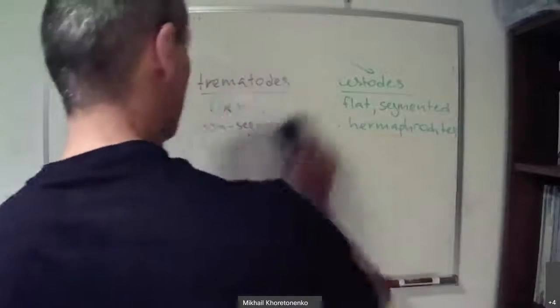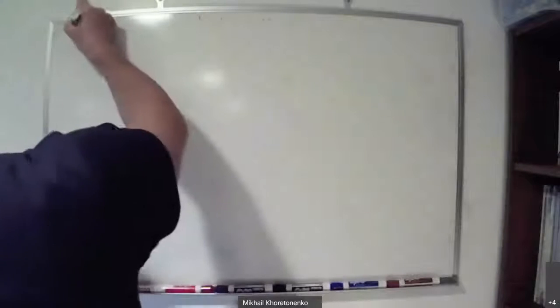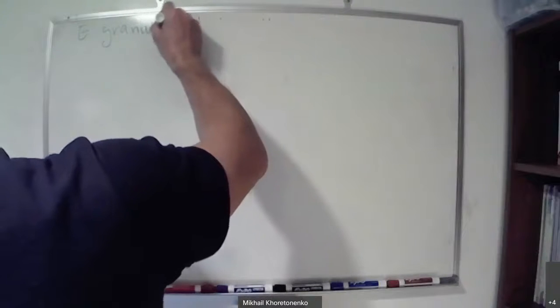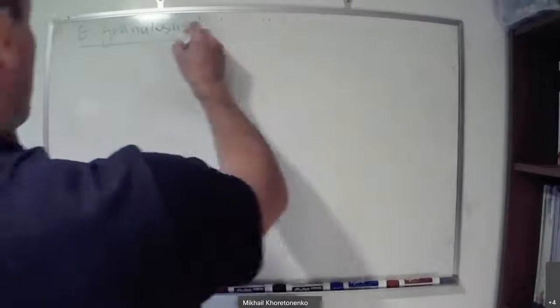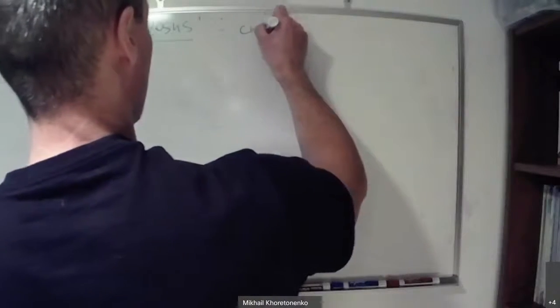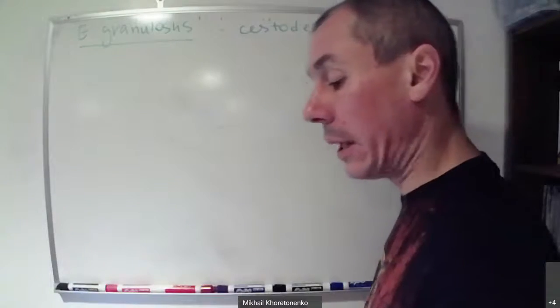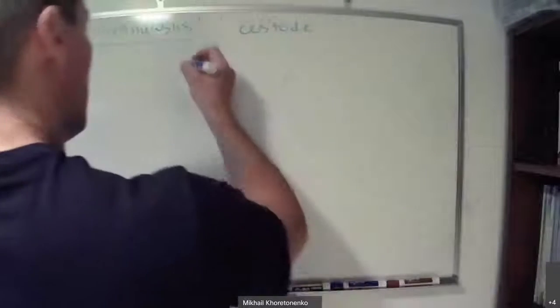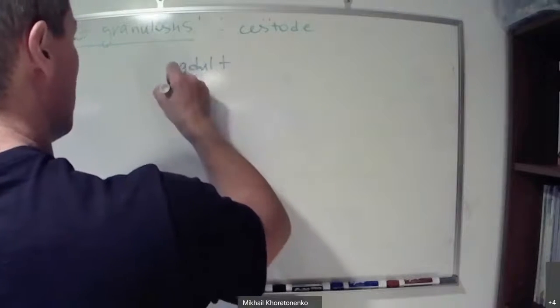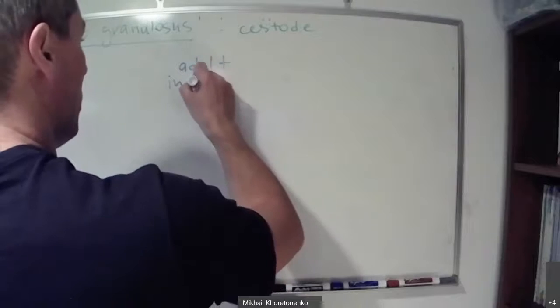Let's tackle our first worm for today, which will be Echinococcus granulosus. Echinococcus granulosus is a cestode, a segmented flatworm. And here's the life cycle. So in the life cycle of this worm, the adult is present in dogs.